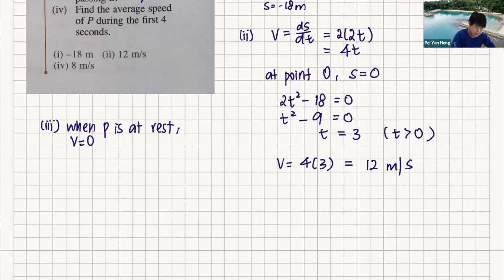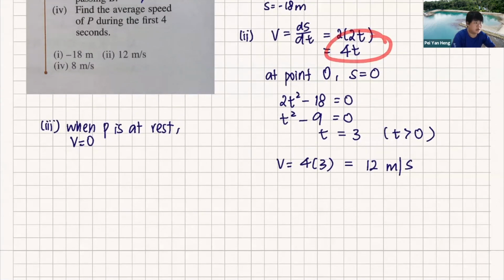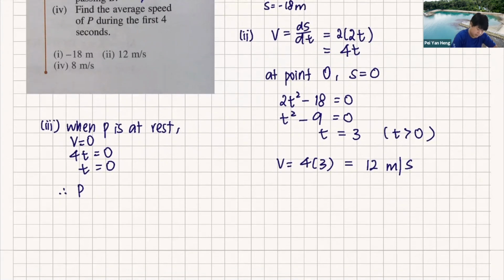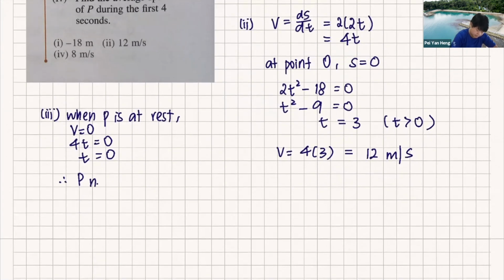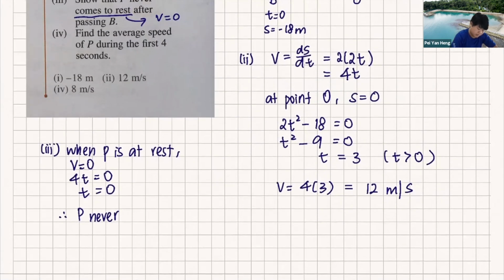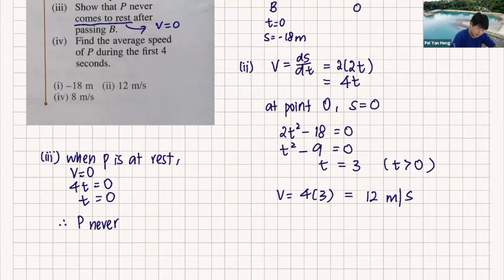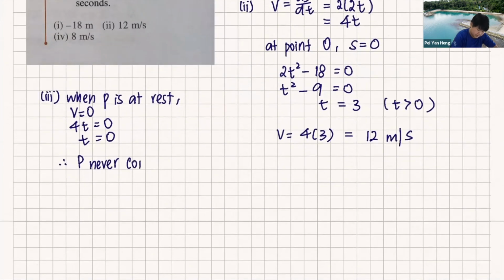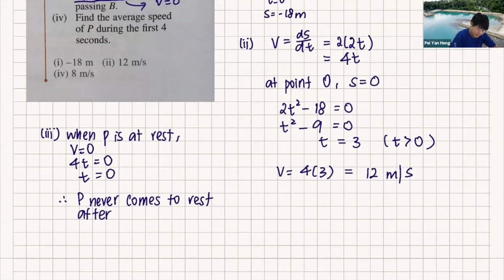So using your function of v, you're going to solve v = 0. So 4t = 0, t is 0. So we can say that therefore the particle never comes to rest after passing B.